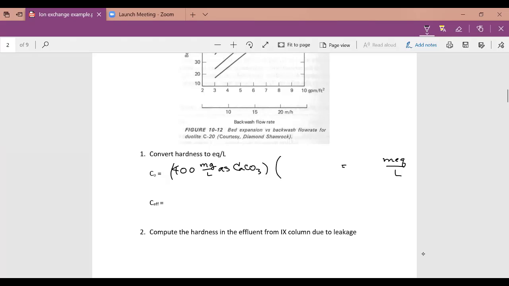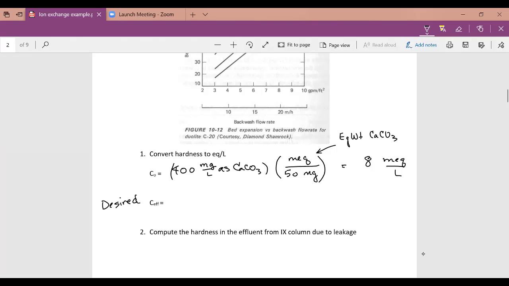It's Monday, it's early. 50 milligrams per milliequivalent. Where does that come from? That's the equivalent weight of calcium carbonate. Exactly. So we'll divide by the equivalent weight of calcium carbonate, and that gives us 8 milliequivalents per liter.